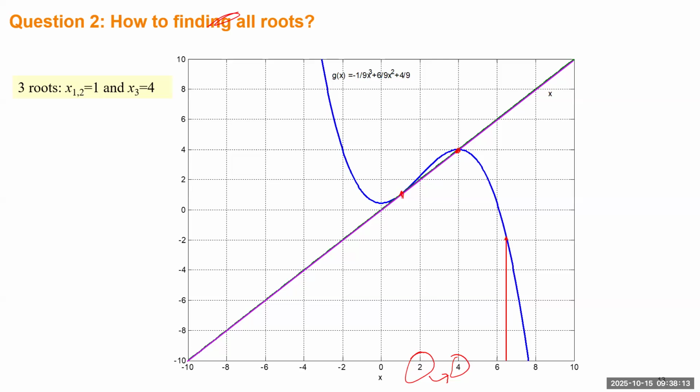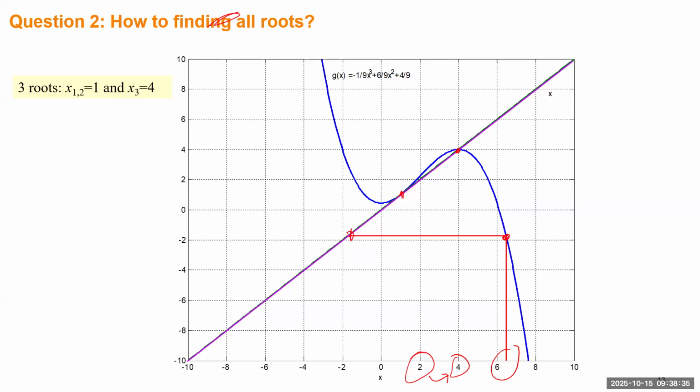Let's try a different way of iteration. Let's start from some value bigger than 6. We follow the same procedure. We first draw a vertical line up, so we intersect with this blue curve at this point. The second step, we draw a horizontal line, intersecting with the straight line at that point.